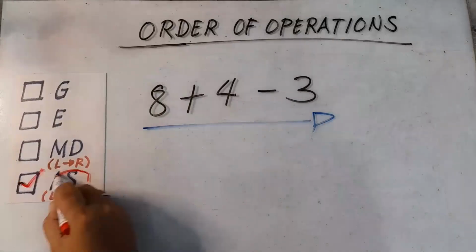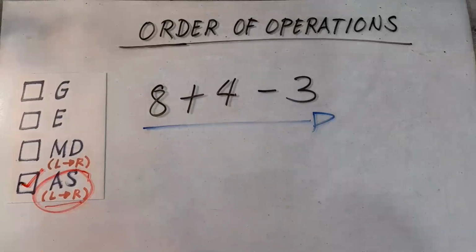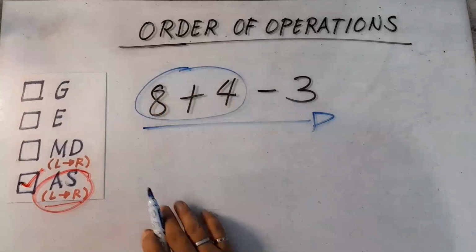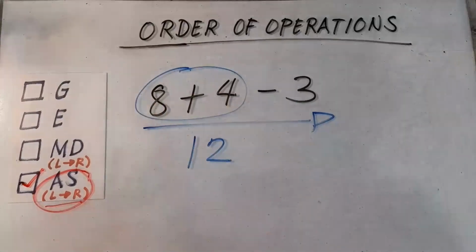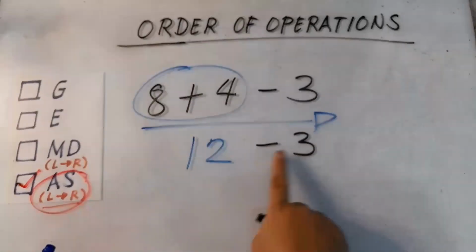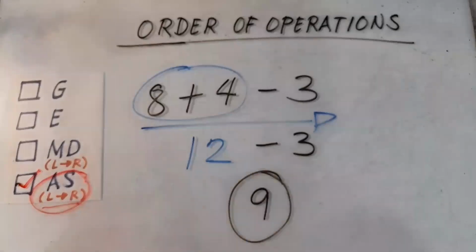Yung AS natin is done from left going to the right. So, in this case, ang uunahin natin ay 8 plus 4. And what is 8 plus 4? That would be 12. And we subtract 3 from 12. And 12 minus 3 will be 9. Yun yung ating sagot. Okay?